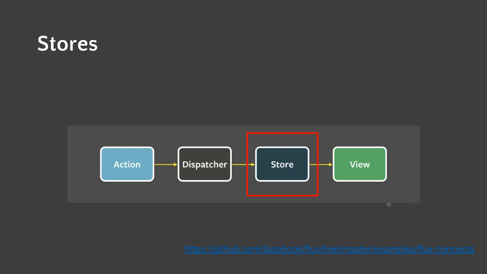So when a store changes because it has applied some business logic, it emits a change to tell the interested parts of the application structure that the store has changed. The views are interested in store changes, because they have to, for example, redraw something because the store has changed. So every time a store's data changes, it must emit a change.